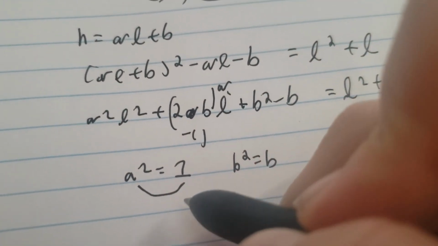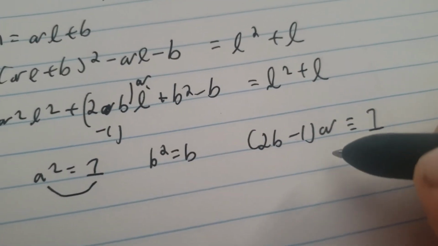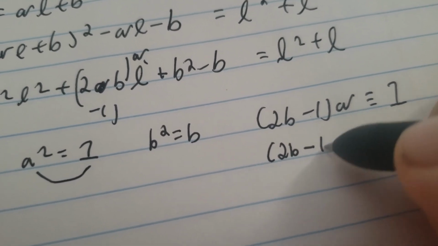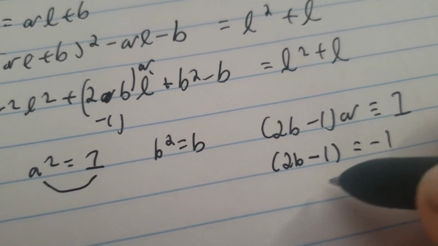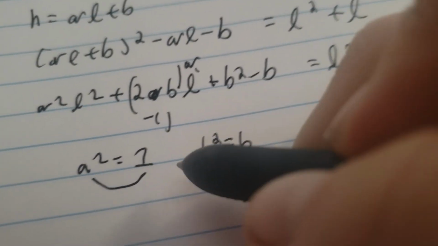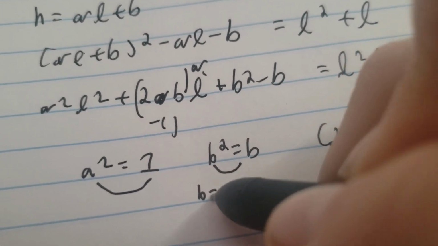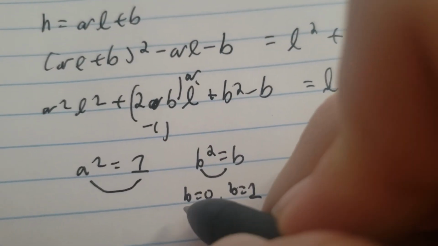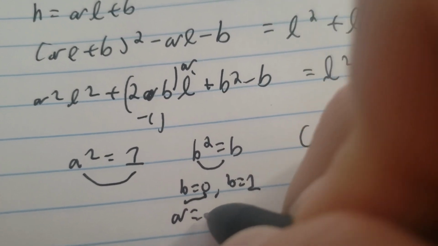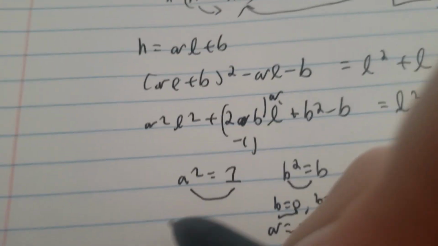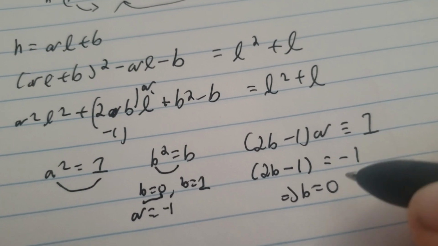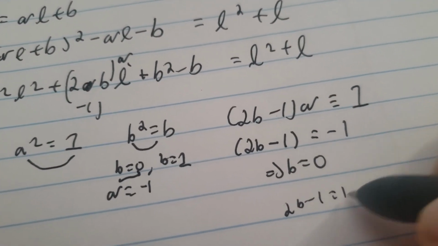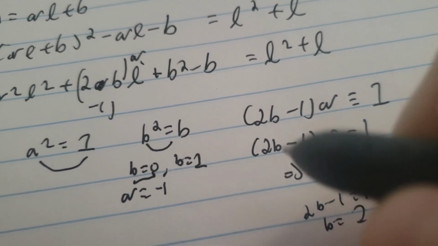Well, a squared must equal 1 and b squared must equal b because there's no constant at the end. And 2b minus 1 times a is equal to 1. So let's look at the solution where a is equal to negative 1. Then b must equal 0. This one is with a equals negative 1. And let's look at the other solution, a equals 1. 2b minus 1 equals 1, and b equals 1.